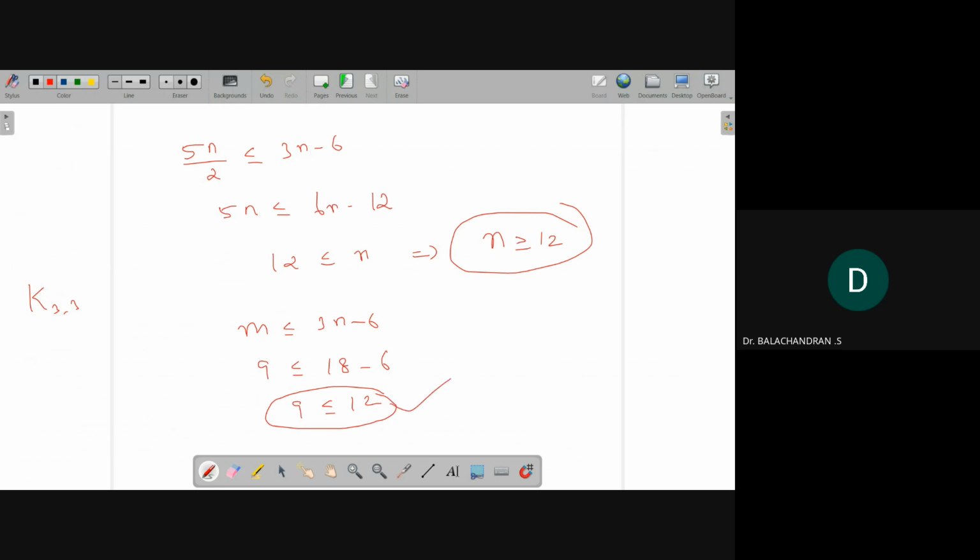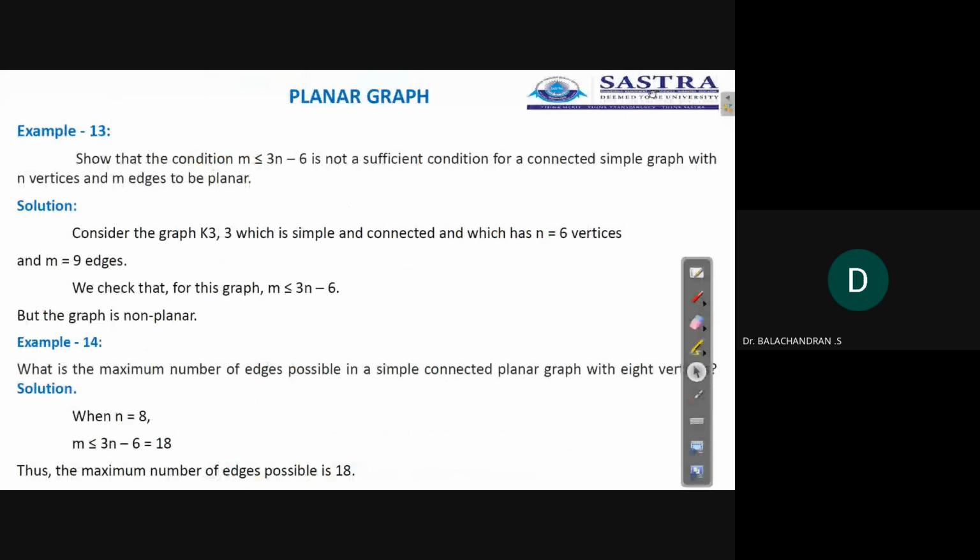This condition is satisfied, but we know that K33 is already proved to be non-planar. So even though this condition is satisfied, K33 is non-planar. That's why they are telling us this is not a sufficient condition.